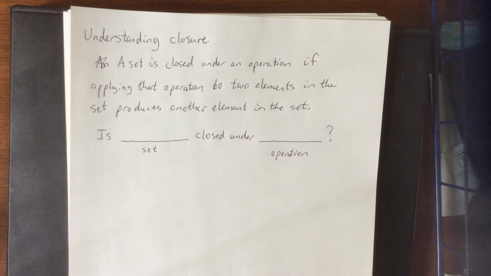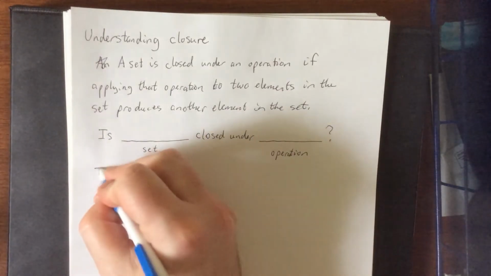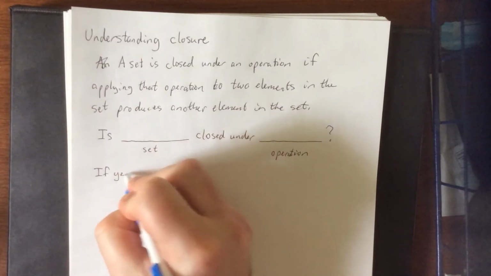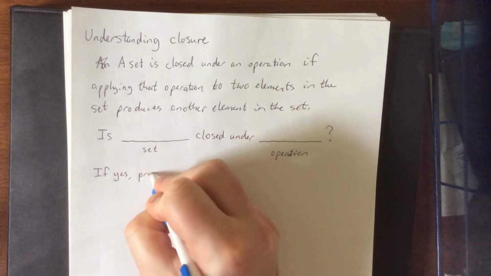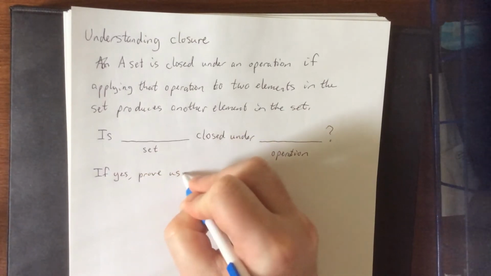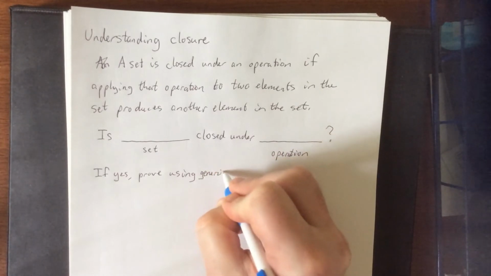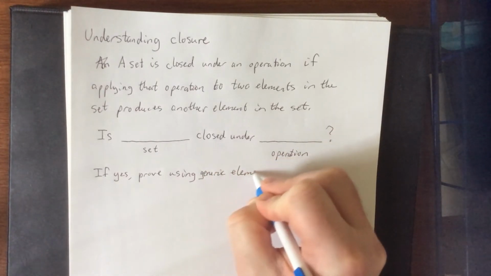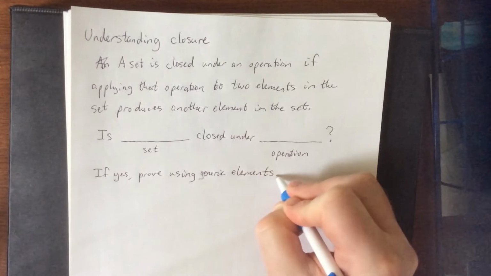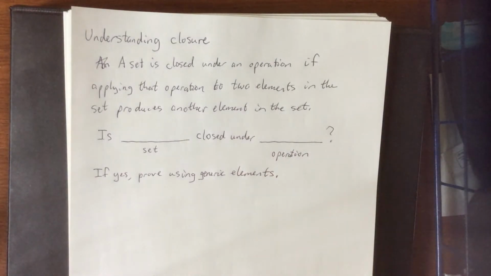Now, this can be a tricky thing to prove, because if we want to prove that it's true, we're going to need to prove this using generic elements. Closure under an operation applies to everything within the set.